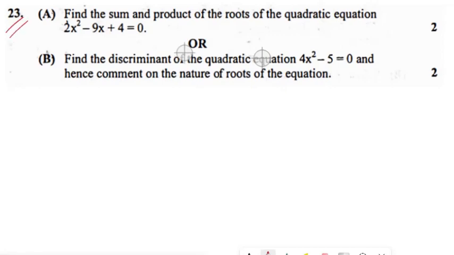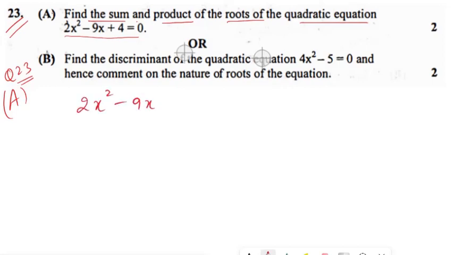Question number 23. Find the sum and product of roots of quadratic equation this. So if you are solving part A, question 23, then at least identify the value of a, b, c. 2x square minus 9x plus 4 is equal to 0.